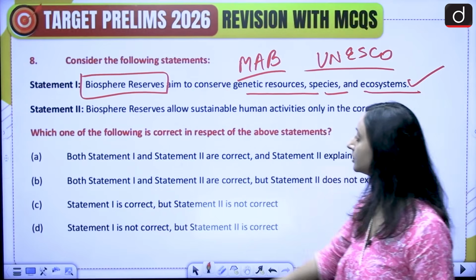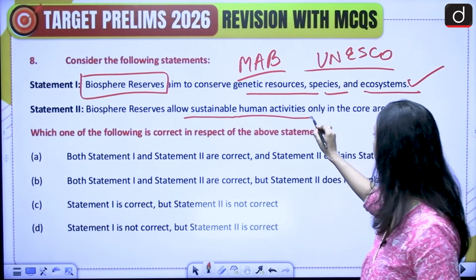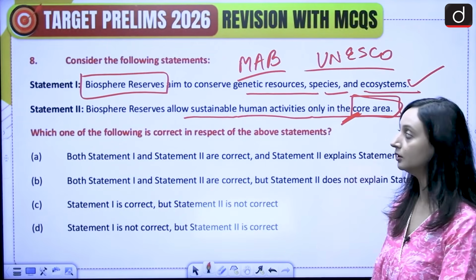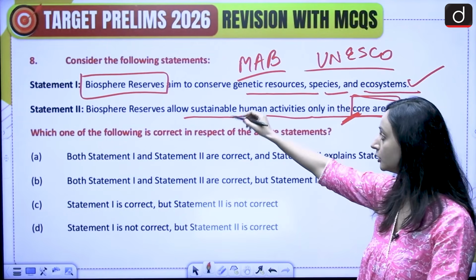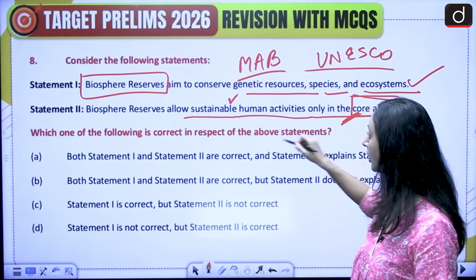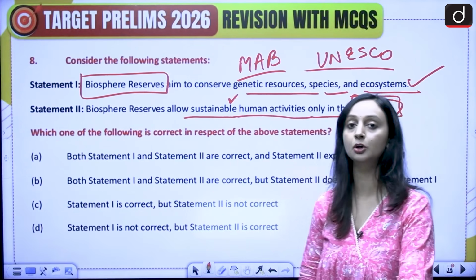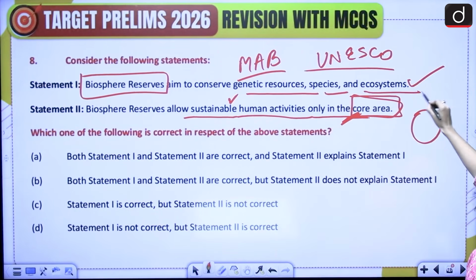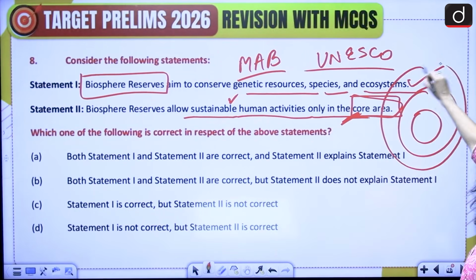Then biosphere reserves allow sustainable human activities only in the core area. Yes, but in what area? In the core area? No. If you look at the zonation, we have core area, buffer area and transition area.